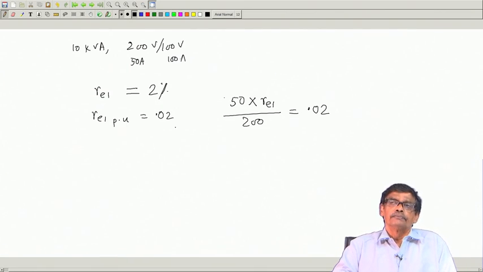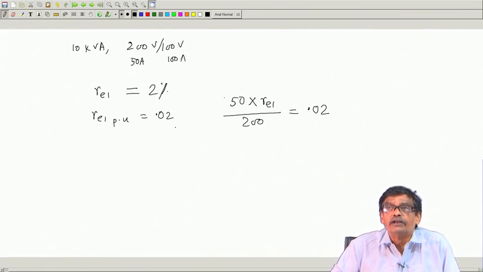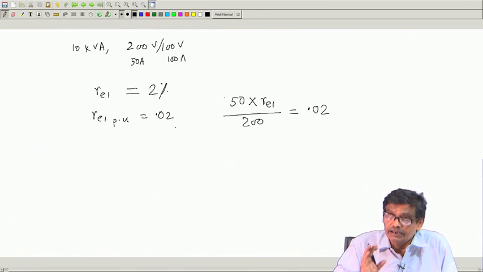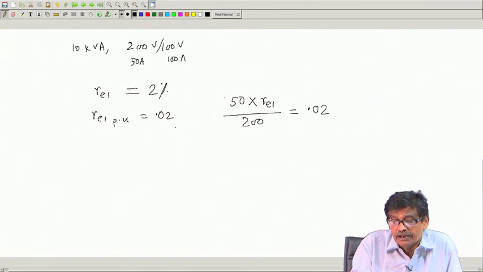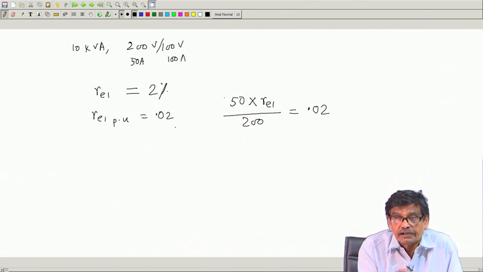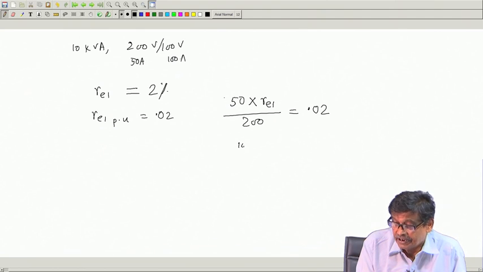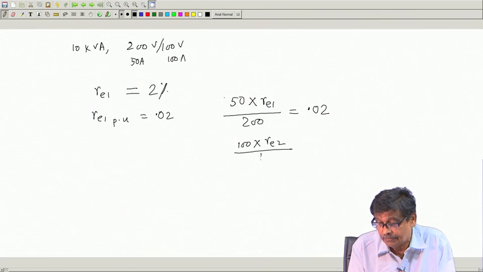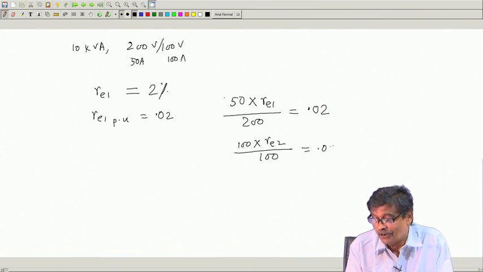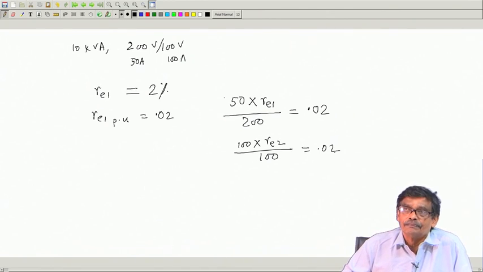So, in some problems, instead of giving you absolute values of R e and X e, per unit values are given, but physically try to understand. Per unit values mean that at rated current, what will be the voltage drop in R e 1 or R e 2. Similarly, this is 100 into R e 2 divided by the rated voltage here, that will also be 0.02 because of that ratio business.